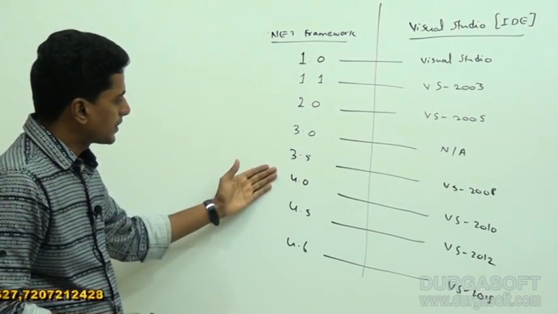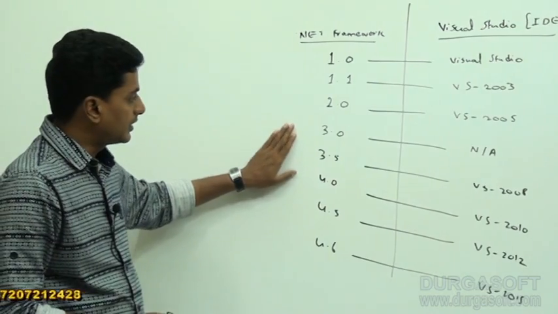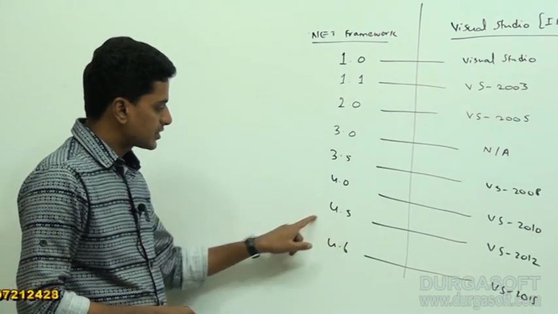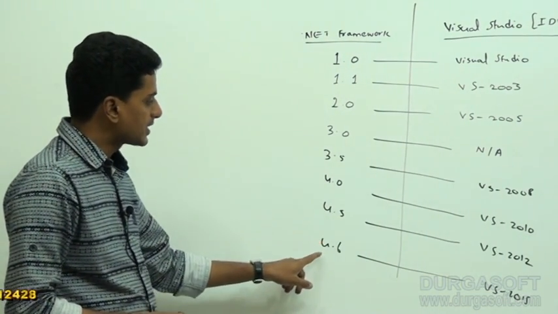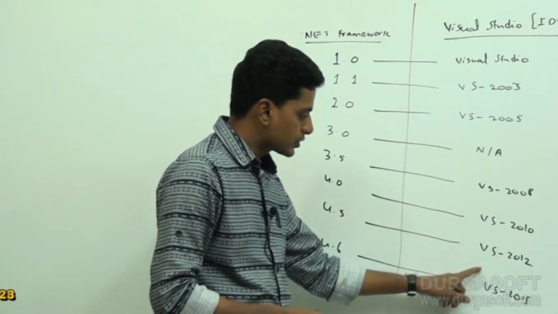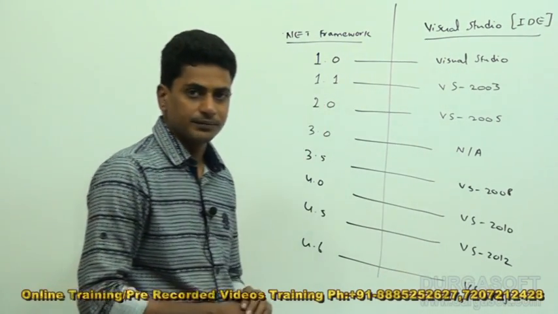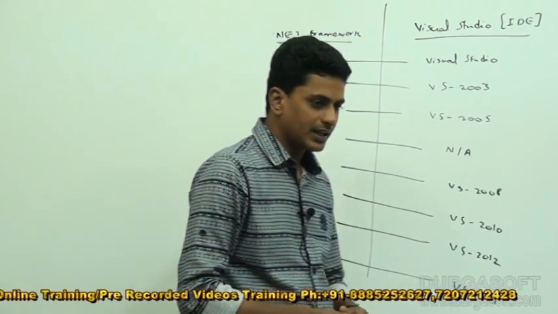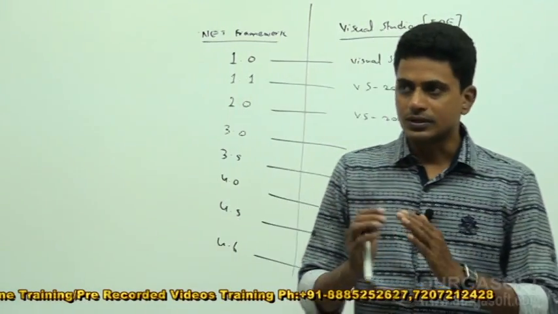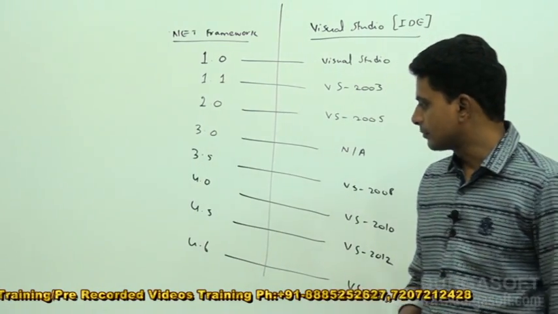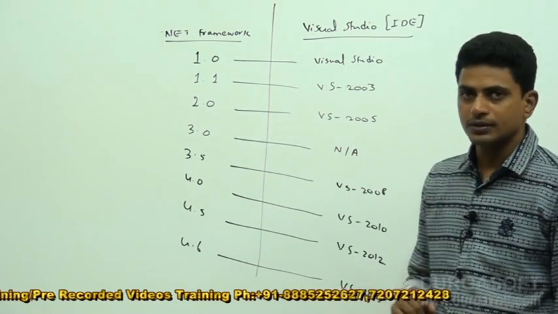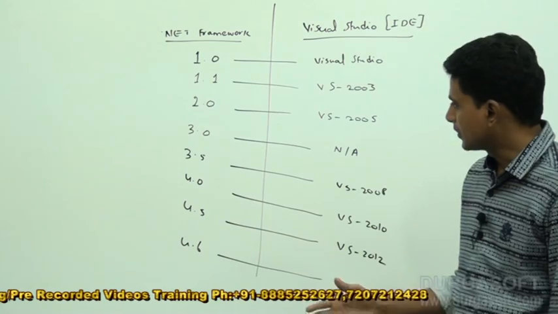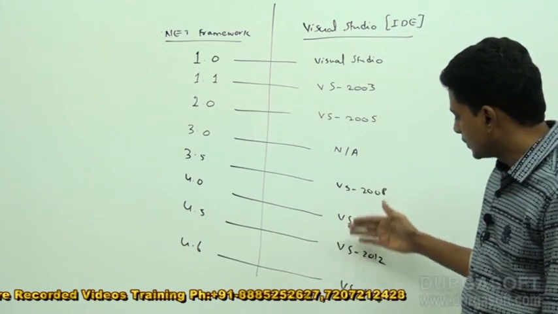Version by version, some features are added by Microsoft. The latest version of .NET Framework is 4.6 and the Visual Studio version is Visual Studio 2015. When we want to develop any application in .NET, we should compulsorily use a framework version, and according to that framework version we should install the matching Visual Studio version.